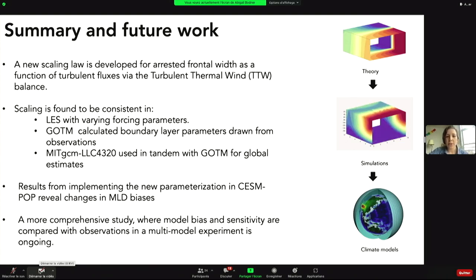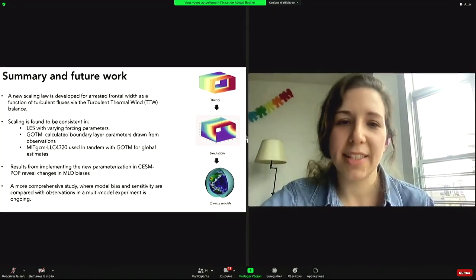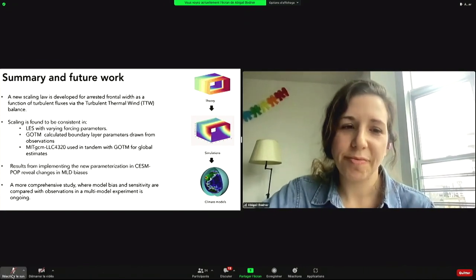And the results from the new parameterization in CESM and POP do reveal that there are changes in mixed layer depth biases. And we're now working on a comprehensive study where we'll be testing bias and sensitivity between observations and various different models. So yeah, I'd be happy to take any questions, and that's it. Thank you.